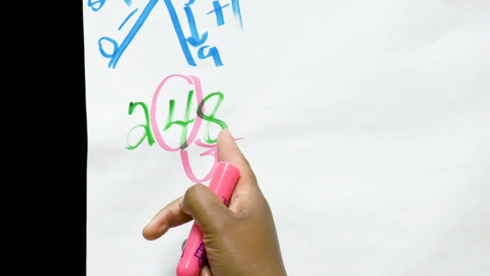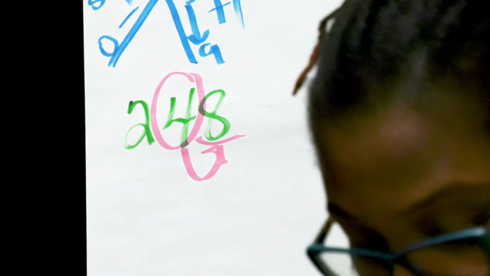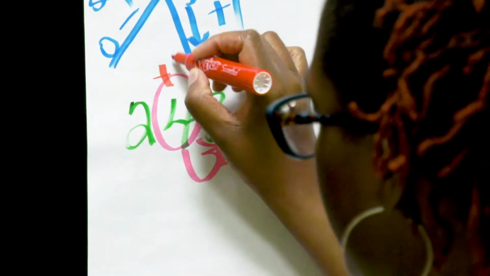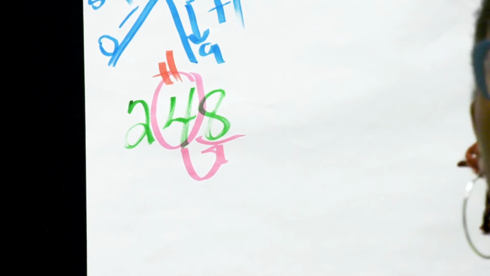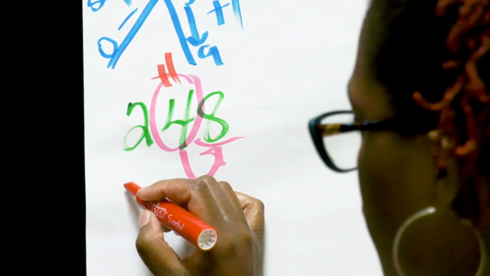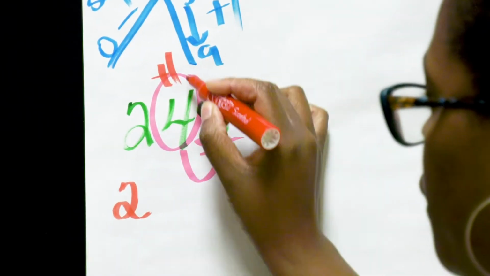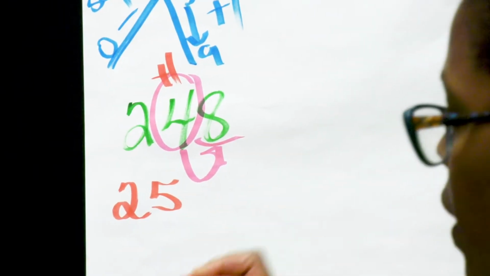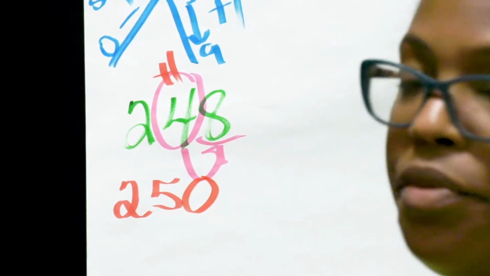The rounding triangle. Where is this 8? On my rounding triangle, it's on my +1 side. So I'm going to +1 to the number that's circled, which is the 4. Anything in front of my circle digit stays the same, comes down. My 4, I'm gonna add 1, that turns into a 5. Anything after the circle digit turns into a 0.